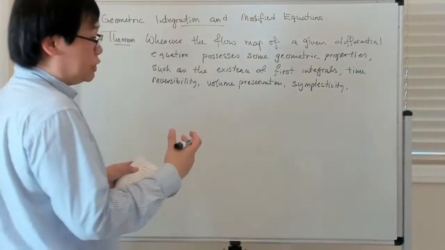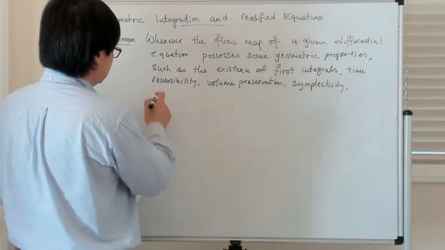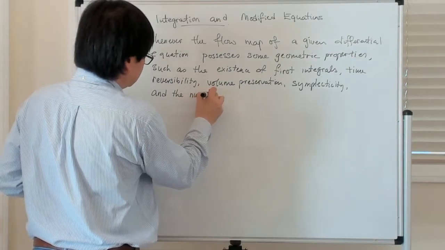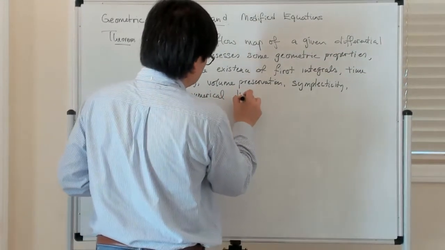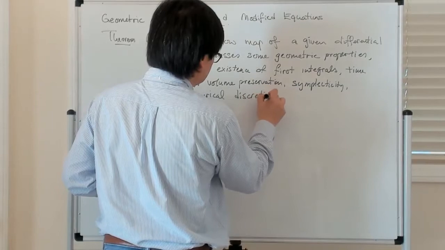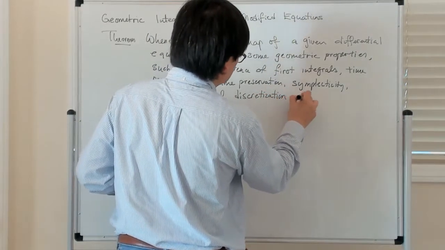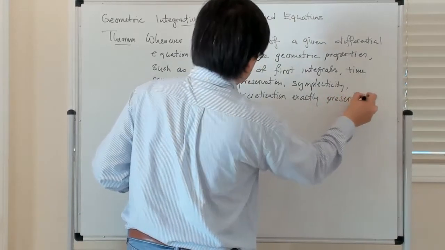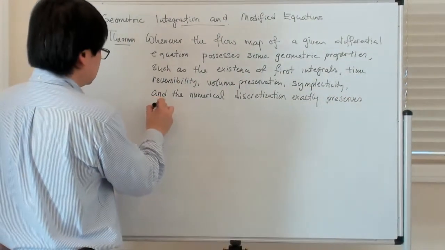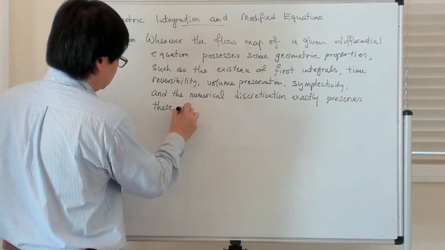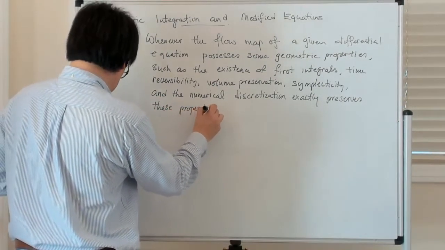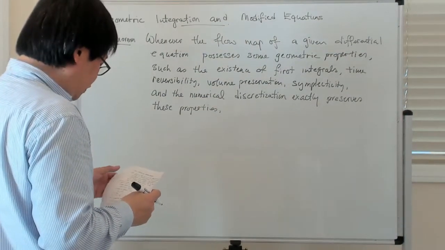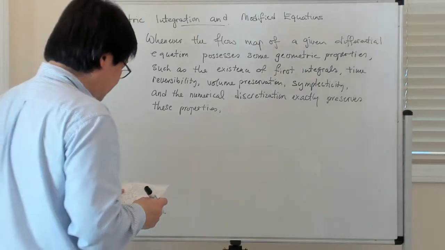And the numerical discretization exactly preserves these properties. Then what will happen is that the flow map of the modified differential equation will also satisfy these geometric properties.